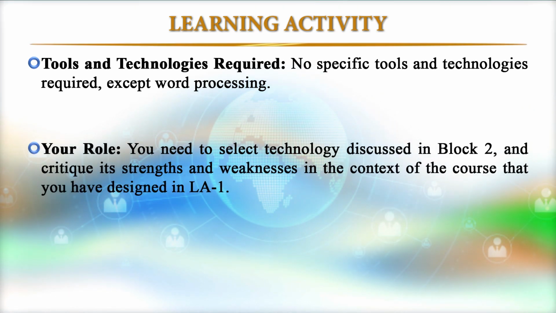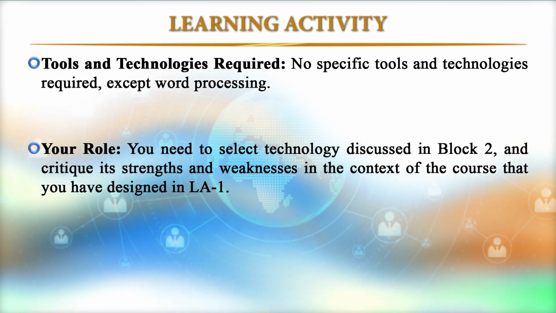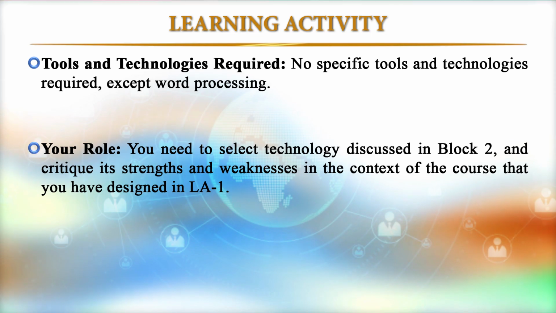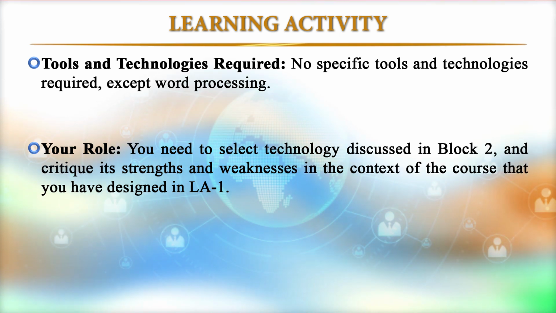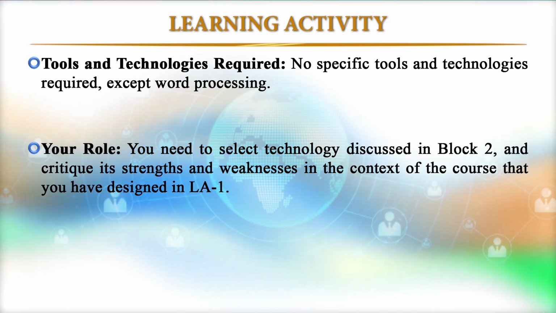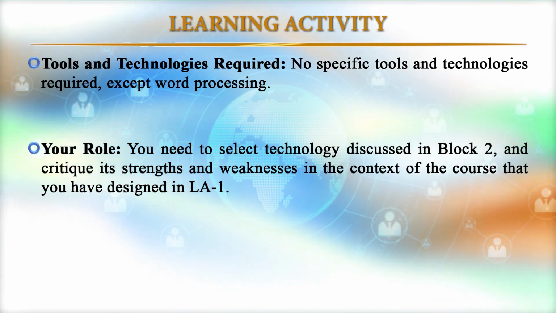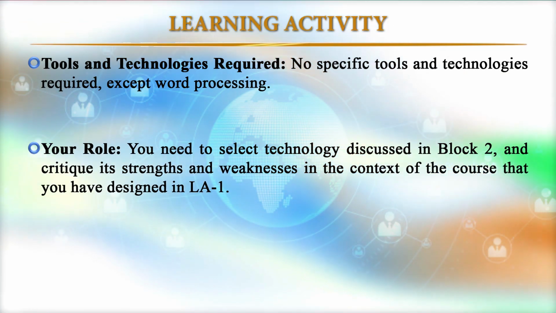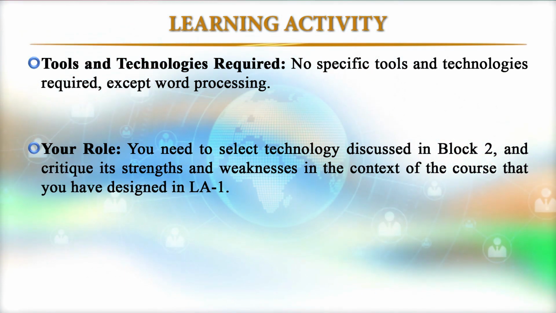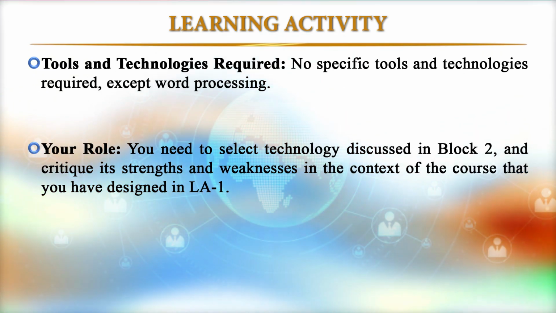Your role in this activity is to select a technology discussed in block 2 and critique its strength and weakness in the context of the course that you designed in learning activity 1. You have to select any one technology discussed in block 2 and critically analyze its strength and weakness in the context of the course you selected for LA 1.